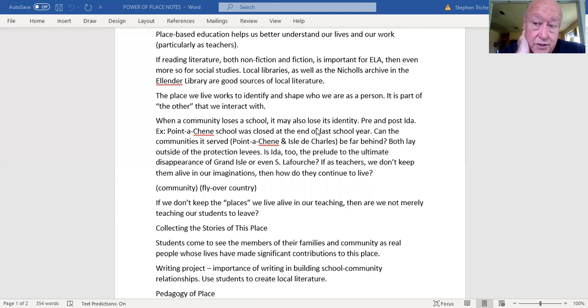It's between the two coasts. The third coast, which is the Gulf Coast, is part of flyover country as well. So how important is it to those politicians from the two coasts who tend to dominate the political conversations? So if we don't keep places alive in our teaching, are we not merely teaching our students to leave?